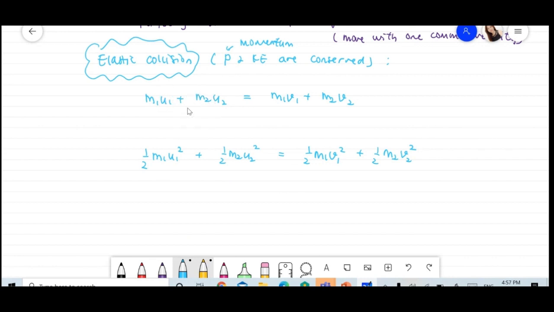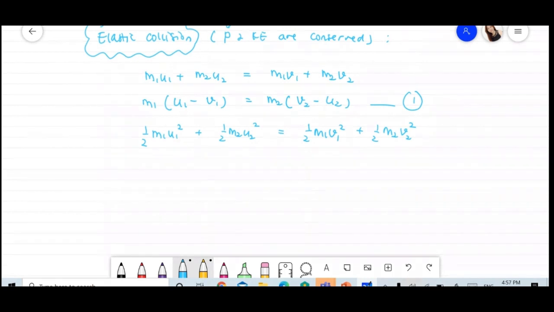Starting from conservation of momentum, m1 u1 plus m2 u2 equals m1 v1 plus m2 v2. I move m1 to the left-hand side and m2 to the right-hand side, and I get m1 (u1 minus v1) equals m2 (v2 minus u2). I call this the first equation.